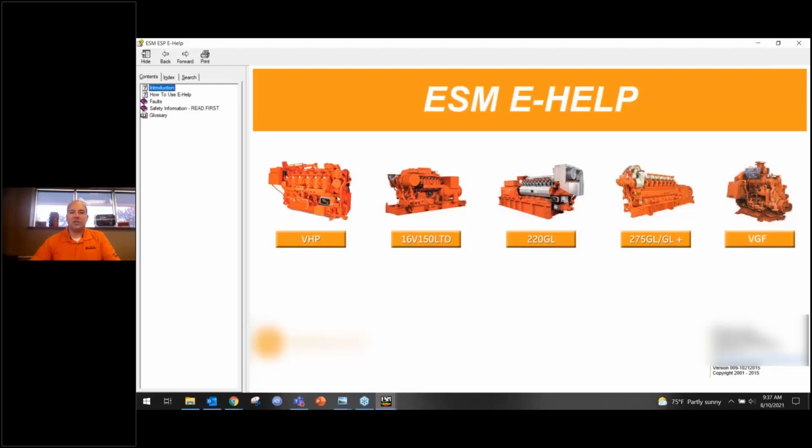You're then going to select which engine you're working on and which codes you're going to be playing around with and trying to do your troubleshooting off of it. But I want to focus a little bit over here on the top left. It gives me my information for my contents. So it gives me an introduction. It also gives me a how to use. So nice little feature.